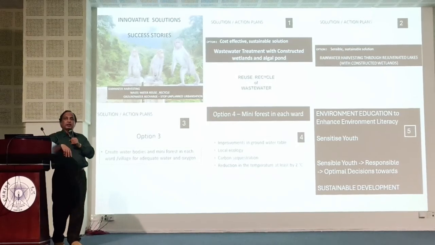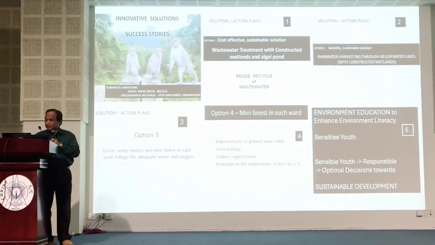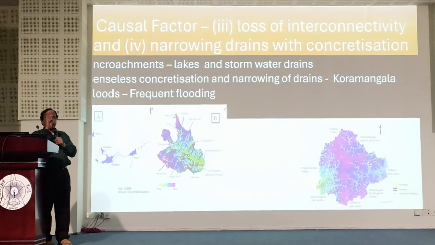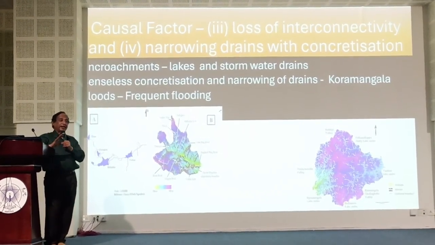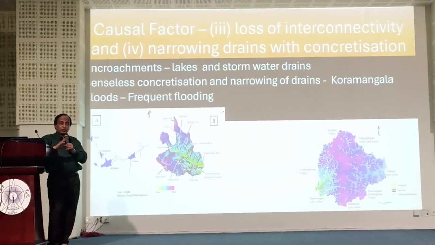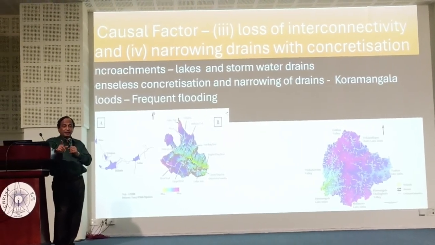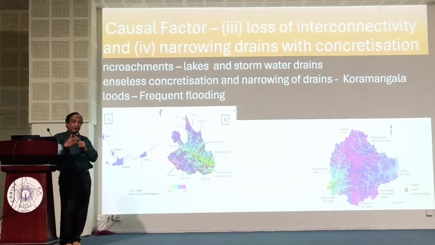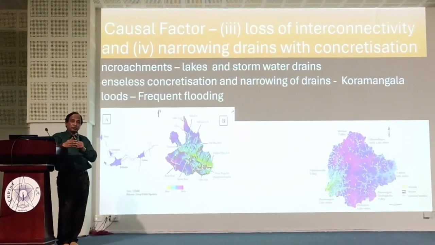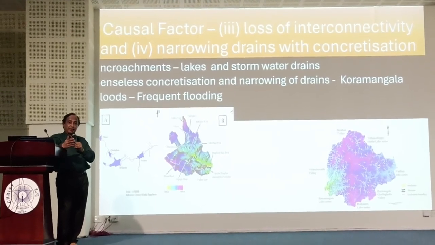For example, whenever there is flooding in the region, you would have seen the Chief Minister saying 1,000 crore is being released to bring down the flooding in the city. What they do in the name of flooding is pocket the money. I have studied that flooding issue. They take up the remodeling of the drain.